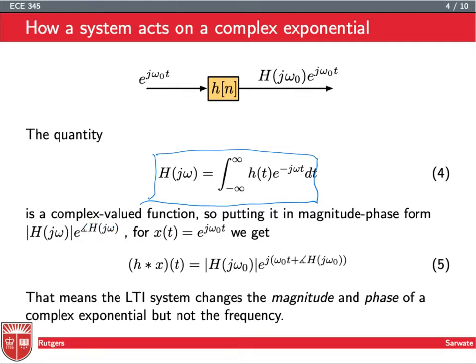And so if we plug in x equals e to the j omega naught t, what we're saying is that in the convolution at the output, we're getting the magnitude of H of j omega naught times e to the j (omega naught t plus the phase of H of j omega naught). So that means what we're doing is a magnitude and phase shift on the original complex exponential.